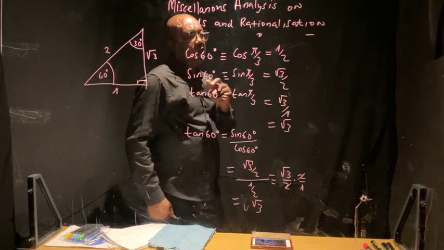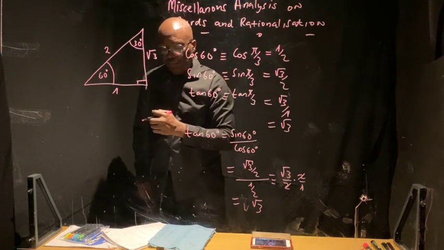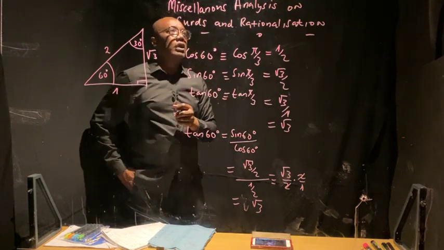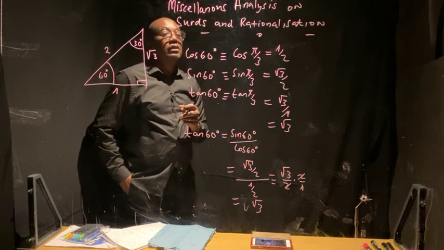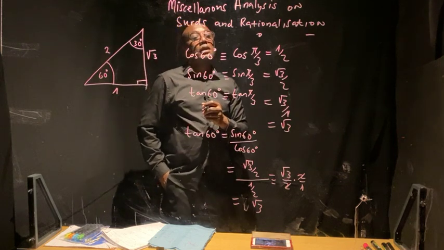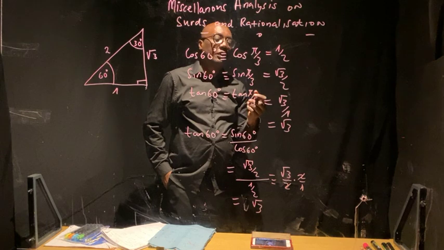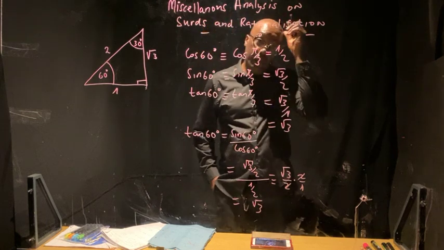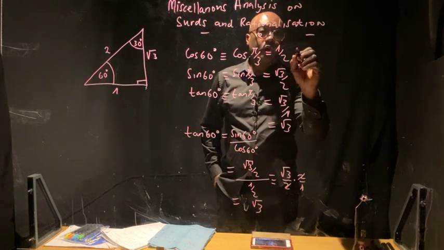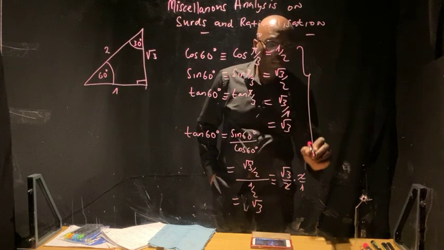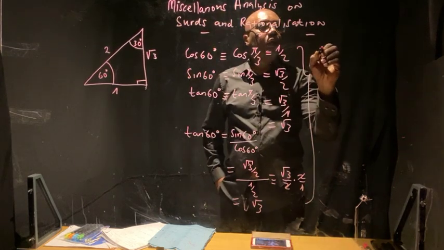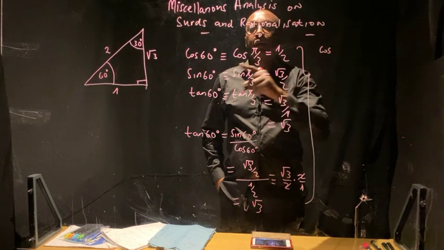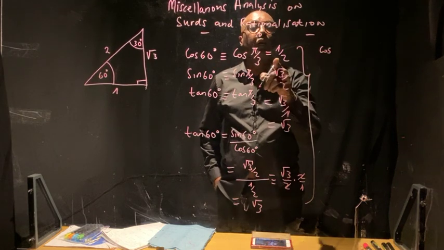On the other hand, in trigonometry, both cos and sine are complementary. So you can do it this way as well. Cos 60 was equal to half.